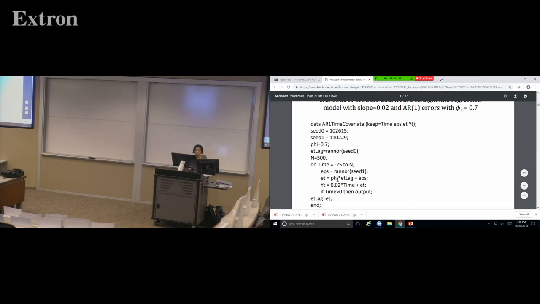That's represented here with phi times the lag of e_t plus epsilon, EPS. Then our outcome, the y_t's, are going to equal the regression model. So 0.02 is our true population parameter for the slope, 0.02 times time, our x variable, plus e_t, the errors. So we have our y's created using regression, and we've created our errors using autoregressive 1.